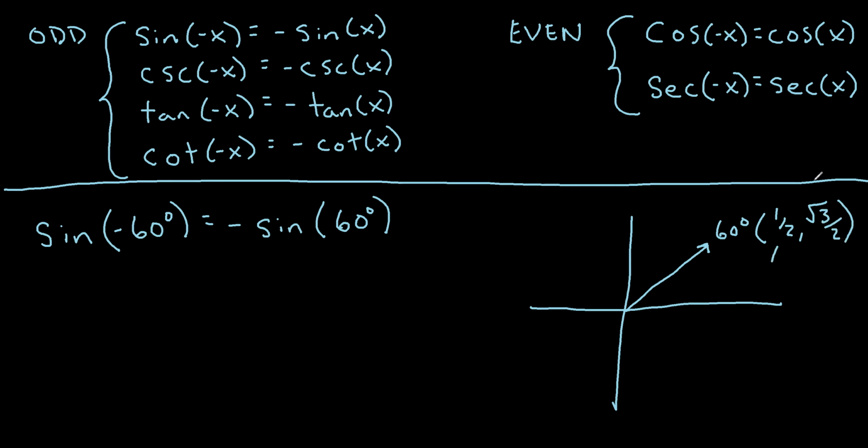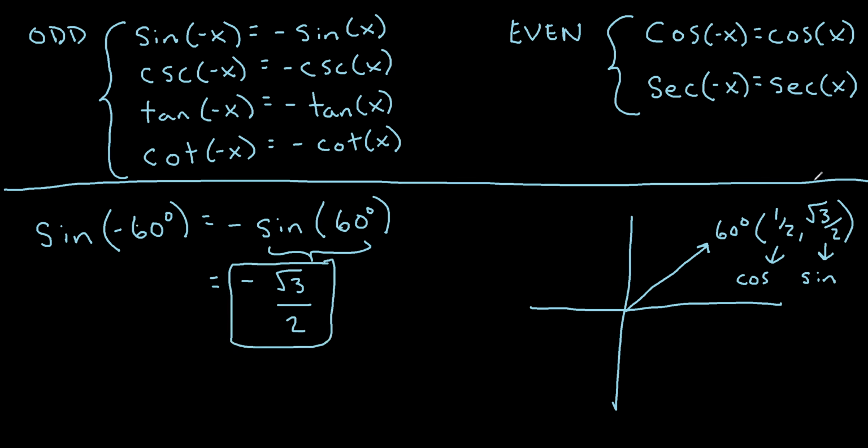And we know that the x-coordinate corresponds to cosine, while the y-coordinate corresponds to sine. So we know that the sine of 60 degrees is the square root of 3 over 2. So this whole thing just becomes negative square root 3 over 2. So our final answer will just be negative square root of 3 over 2. That's what sine of negative 60 degrees is equal to.